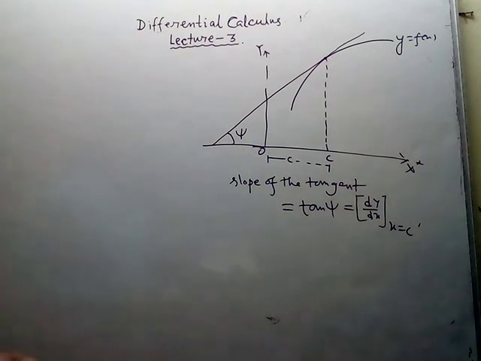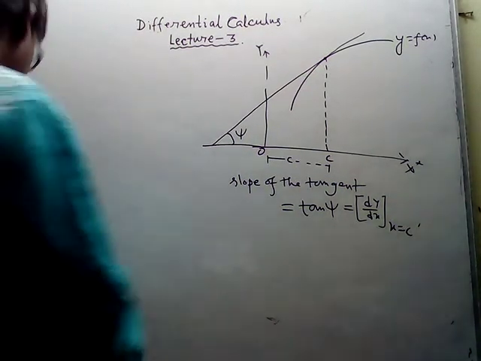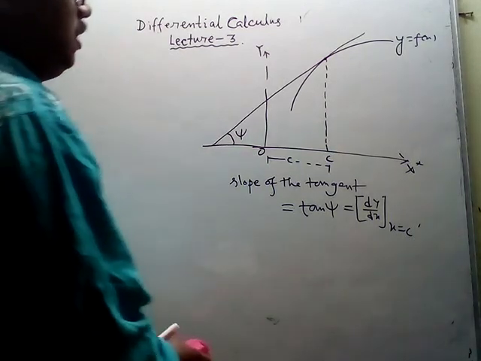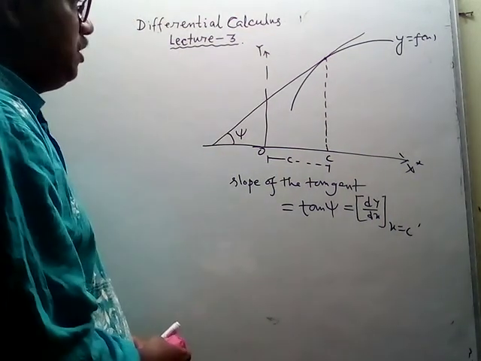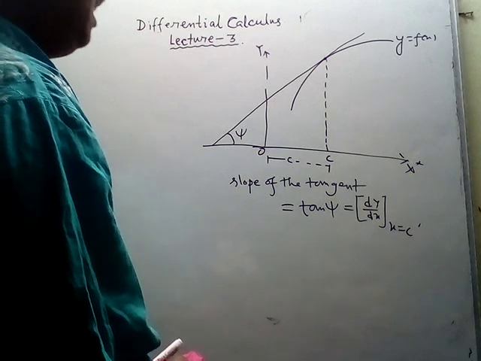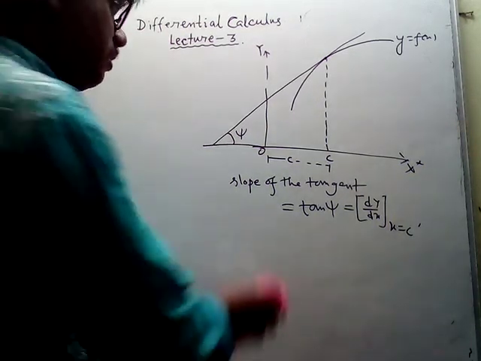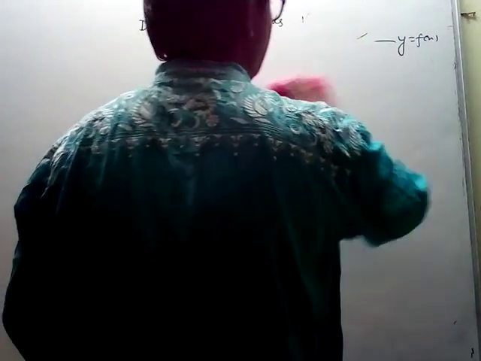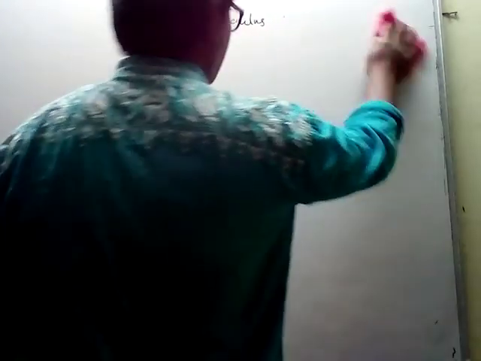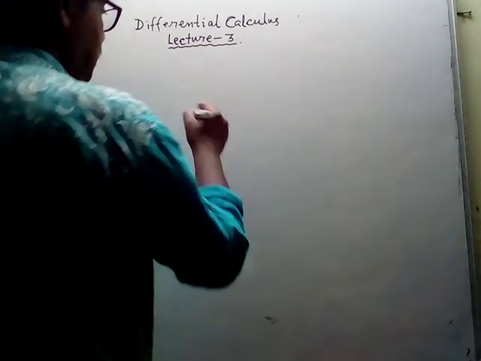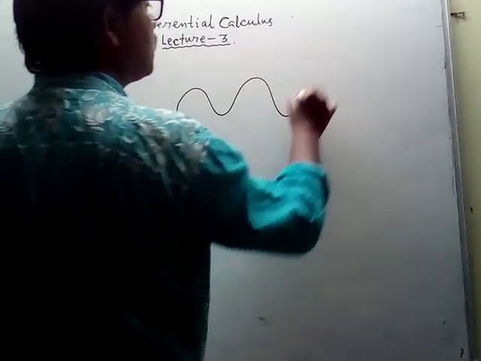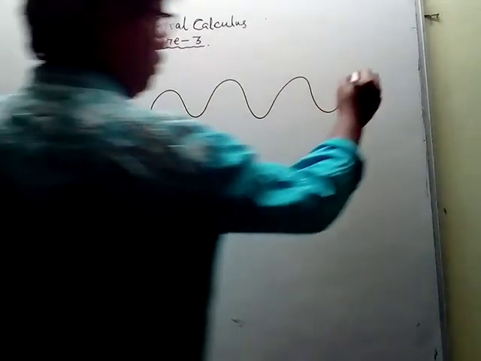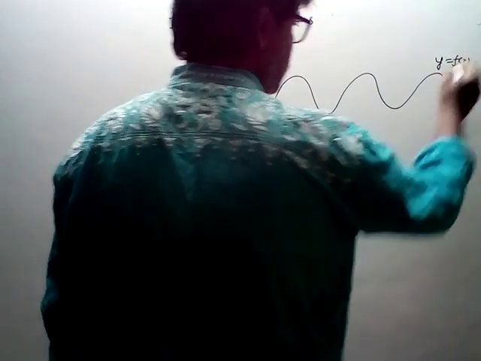So the derivative represents the tangent. A function is differentiable or derivable at a point if a tangent can be drawn at that point. Suppose the curve is like this, a smooth curve, y equal to f(x).